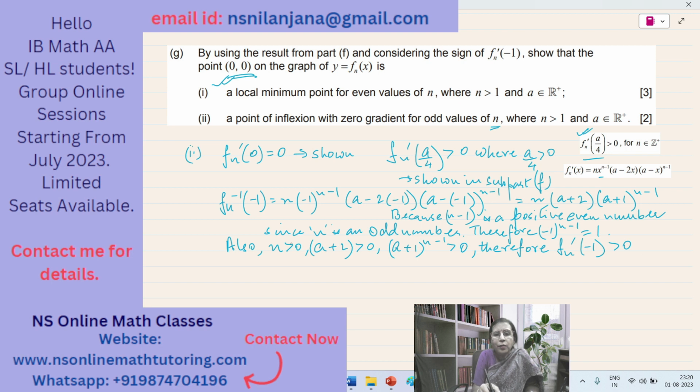Okay. So if you want, you can draw the sign diagram for the previous case also, I subpart. So it is x, f n dash x. So this one is 0. This side is positive, negative 1, it is positive, and this side is also positive. A over 4 is a positive number.